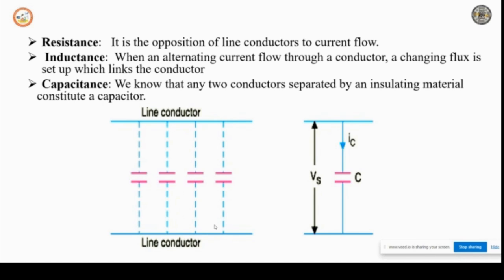But if the elements are distributed as shown in this diagram, then the elements cannot be lumped, as the same current is not flowing through the series element and the voltage across the different elements changes from one section to another. Keep that in your mind.